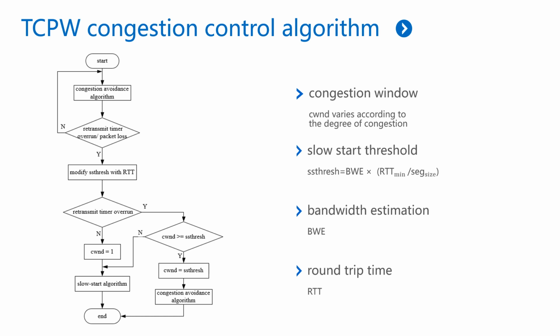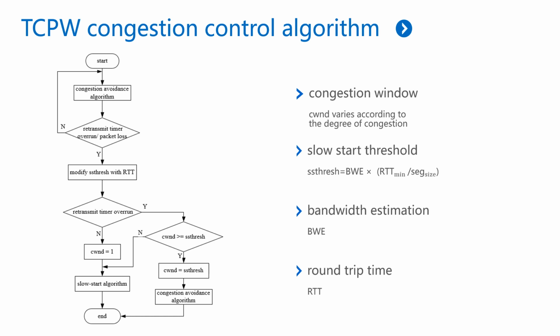When CWND is not smaller than SS thresh, the congestion avoidance algorithm is started with an initial SS thresh value of 16. After entering the congestion avoidance phase, CWND is increased by 1 if there is no packet loss and the retransmit timer is running. Otherwise, SS thresh is modified by the equation.